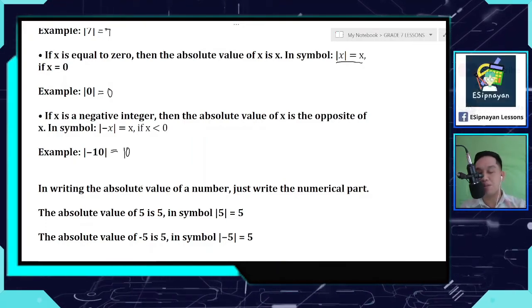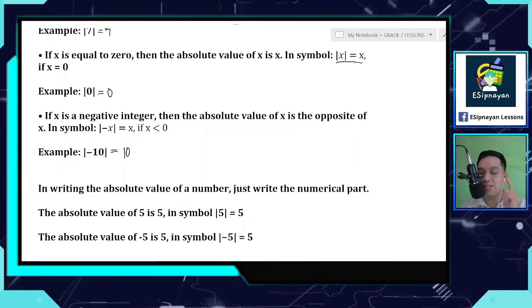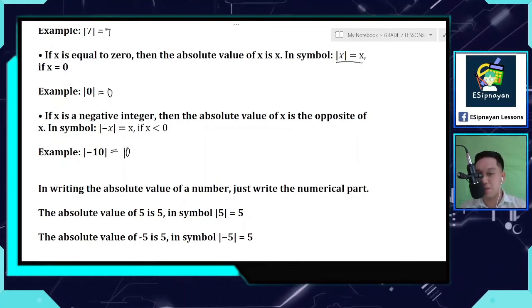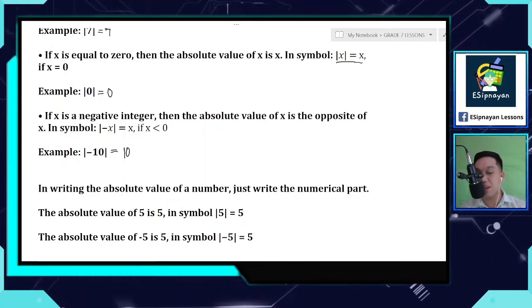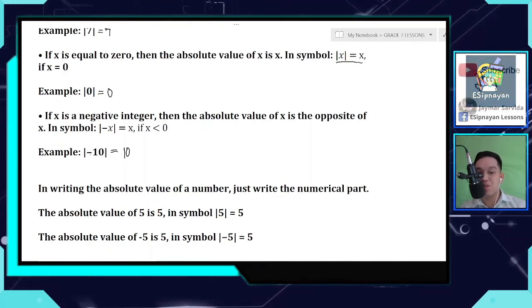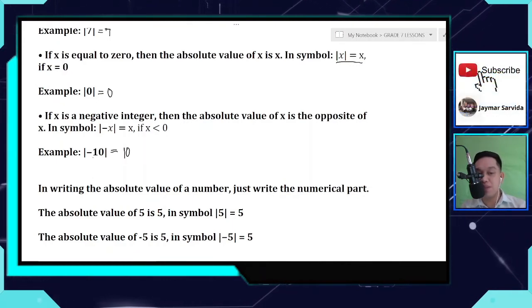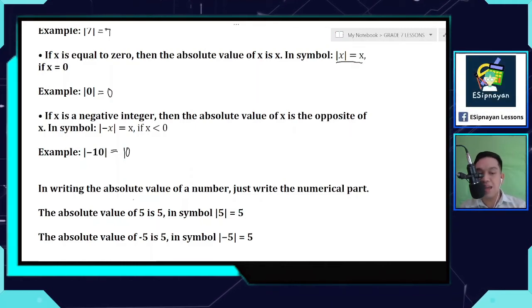Earlier, I said that distance is always positive. So the absolute value of negative 10 is 10 because the distance of negative 10 from 0 is 10 units. In writing the absolute value of a number, just write the numerical part.